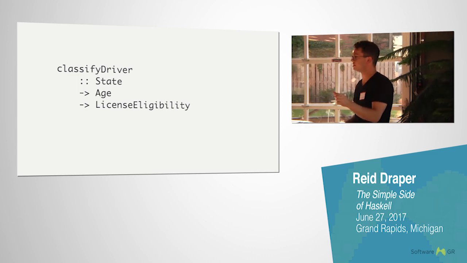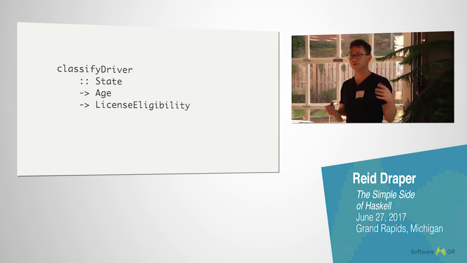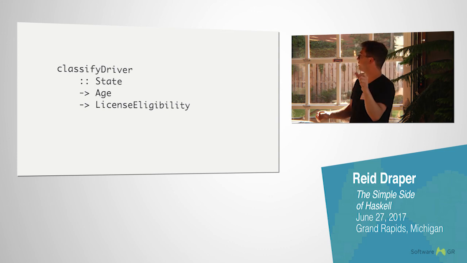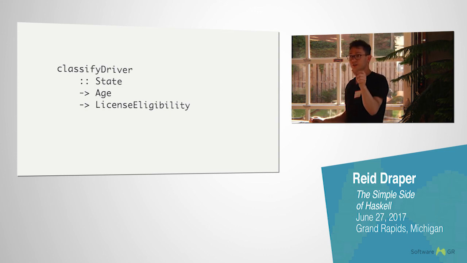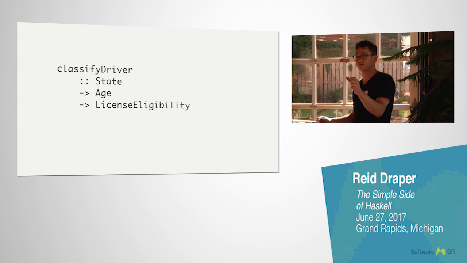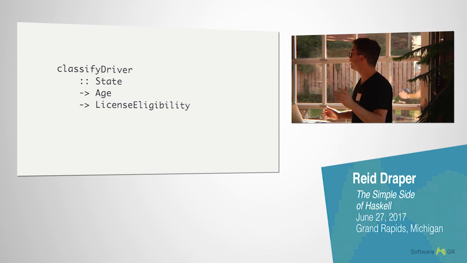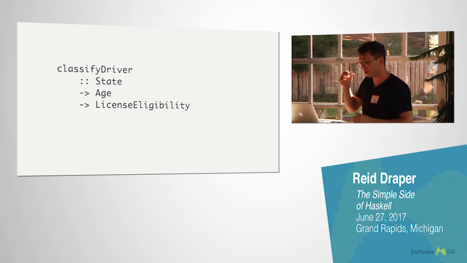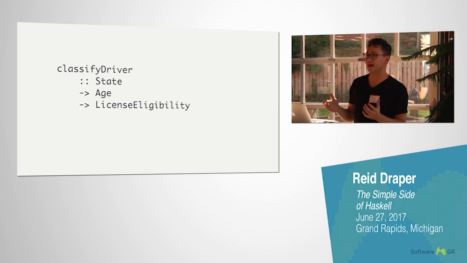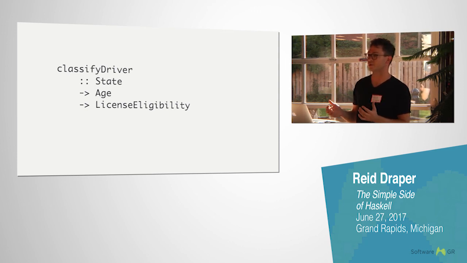We know that, if I have some record type like person, they have a name, and then if they have a license eligibility field in there, I know what it means. Whereas here's an example. Let's say I have a person object, and I have a field called license, and it's true or false.